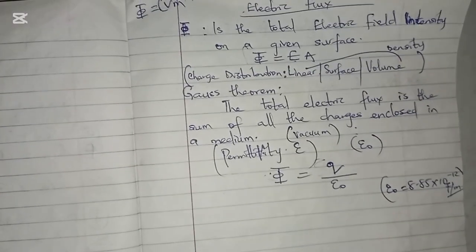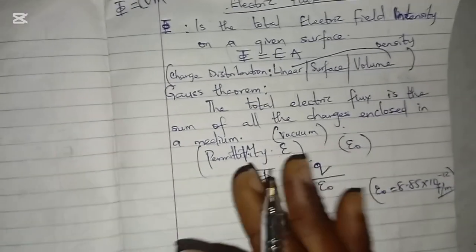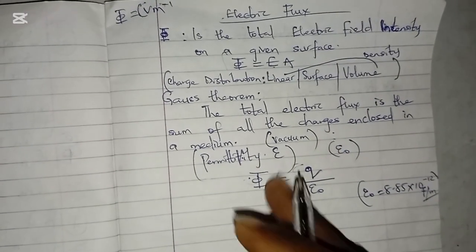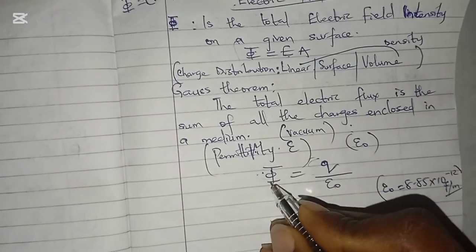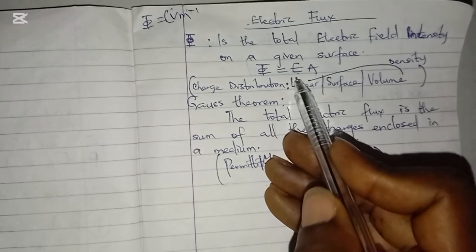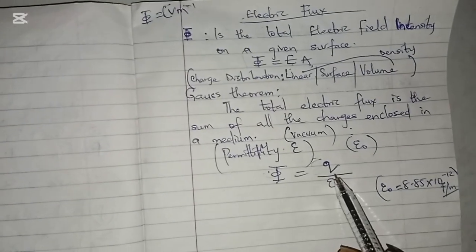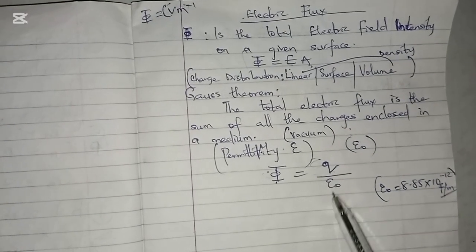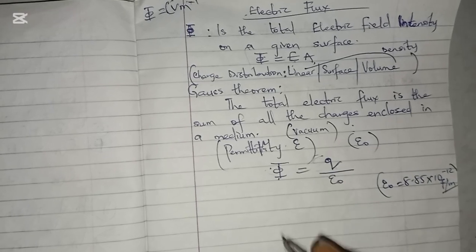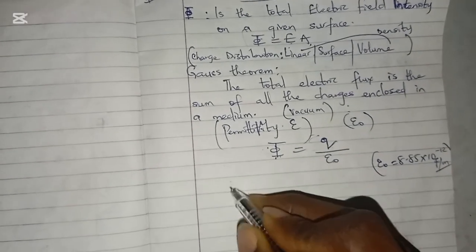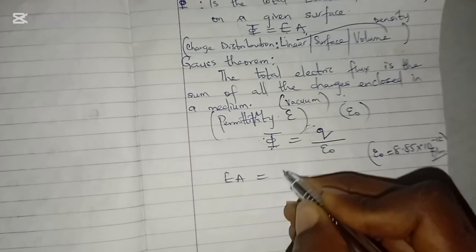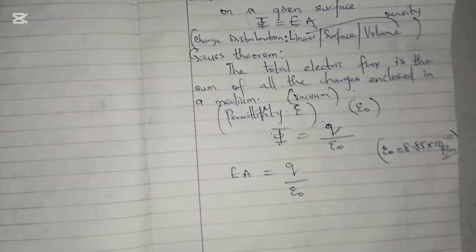So if I know this, Gauss law now comes to play. Since we know that electric flux naturally is EA, Gauss is telling us that it is total charge enclosed in a system. That means if I bring this together, I should have that EA is equal to Q over epsilon naught.